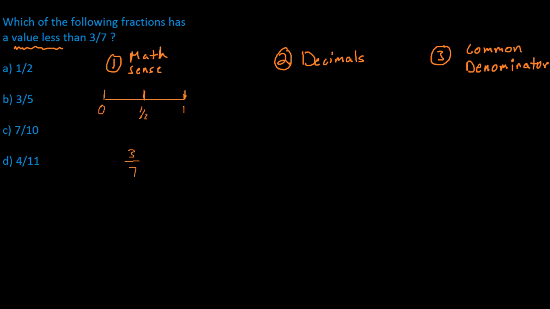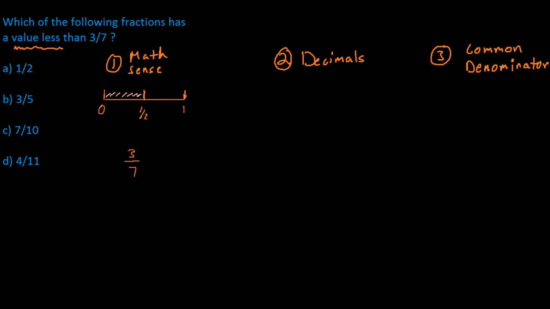I'm going to grab a new color, and let's just grab pink real quick. I'm going to shade in this area from 0 to 1/2, just in between 0 and 1/2. I know this fraction produces a number that is greater than 0, but it has to be less than 1/2. So it's somewhere in here, and I'm not actually pinpointing where it will land yet.